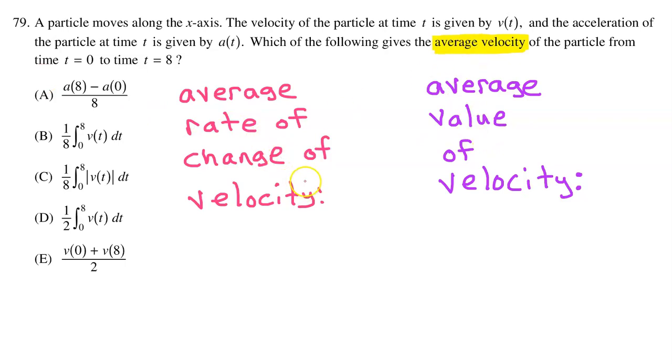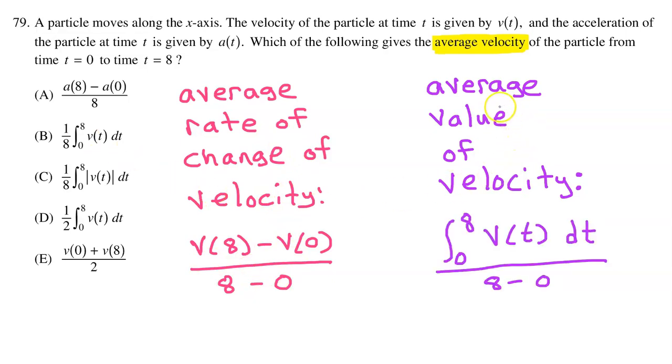So we have to decide, are they asking us for the average rate of change of velocity or the average value of velocity? The average rate of change of velocity is given by this formula, while the average value of velocity is given by this formula, which I often describe as integral divided by interval.